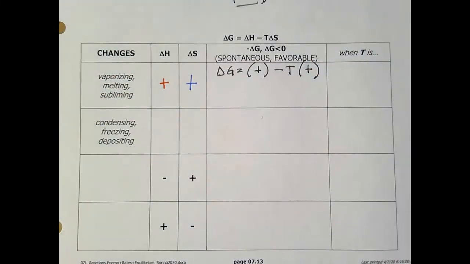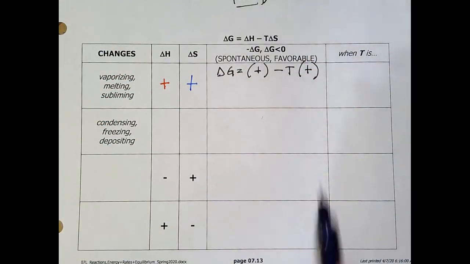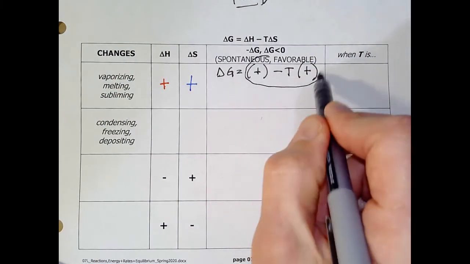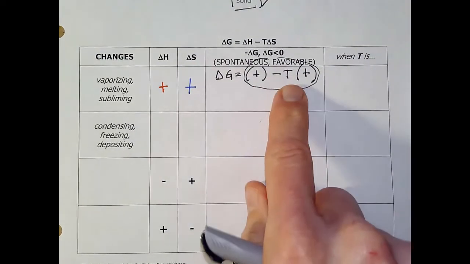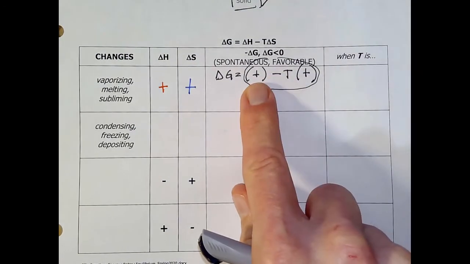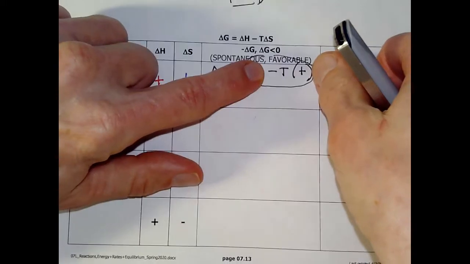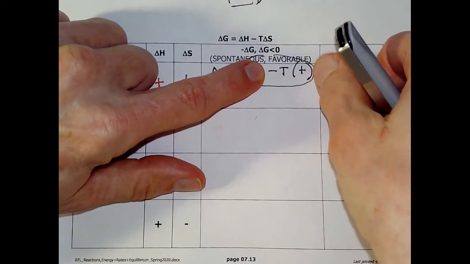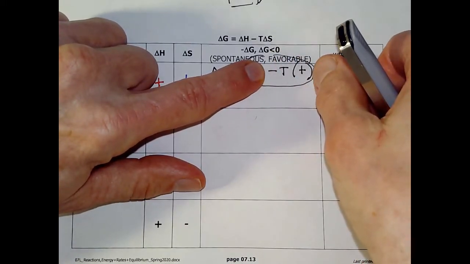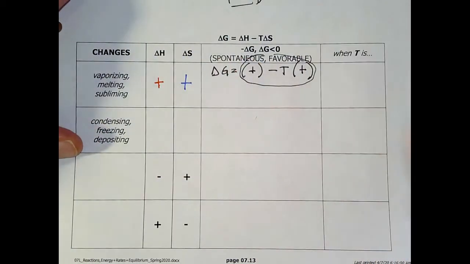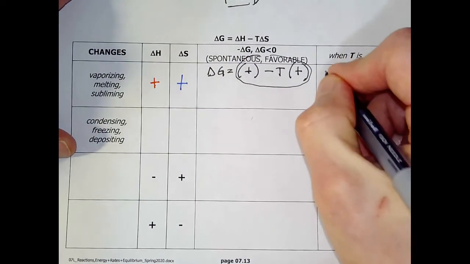Well, what I have to do is think about how do I make that whole thing negative by only changing T. That's positive. This part right here now is negative. How do I make this negative part bigger? Make T bigger. So this happens, is spontaneous, when the temperature is high.